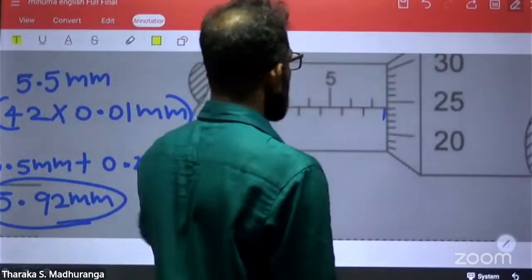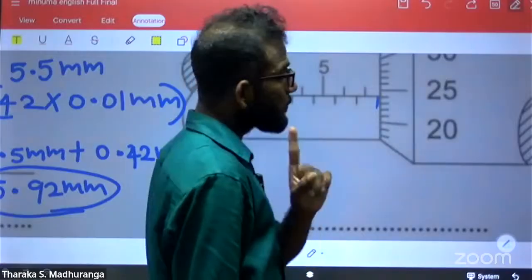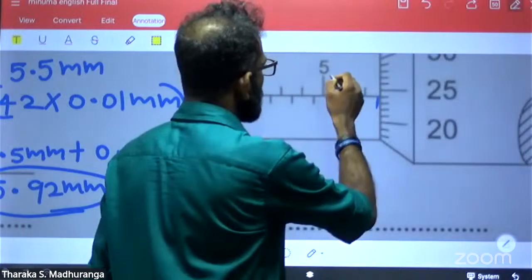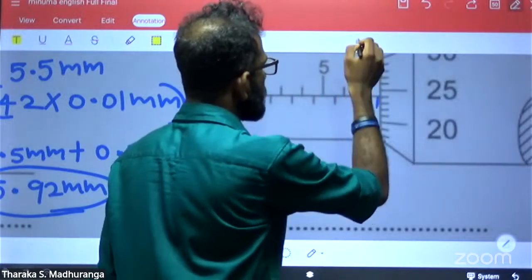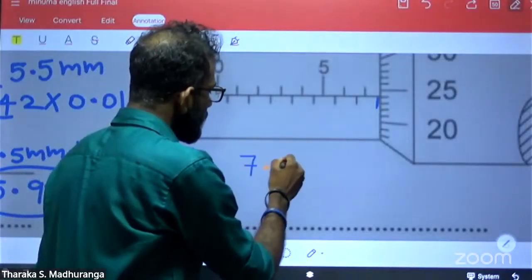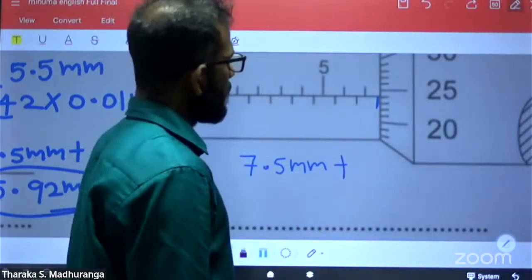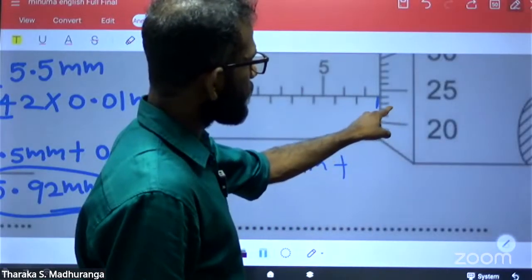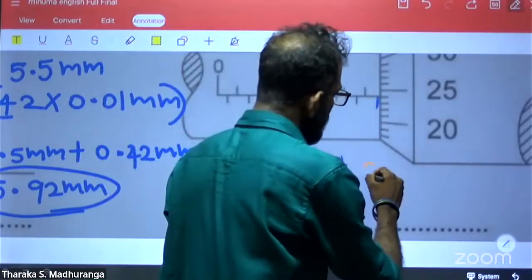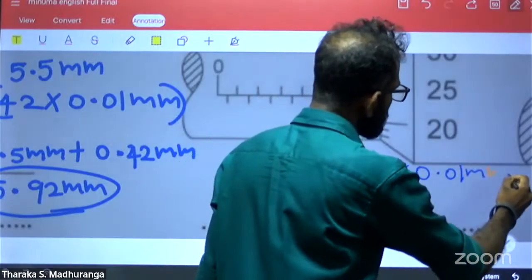Okay, let's see how we get this. First of all, what's the step? Step number one, get the linear scale measurement. The linear scale measurement 5, 5.5, 6, 6.5, 7, 7.5. Then 7.5 is the linear scale measurement. After that, 20, 21, 22, 23, 24. 24 is the coincide part. 24 multiplied by 0.01 millimeter.